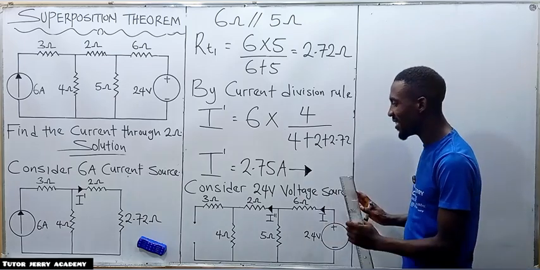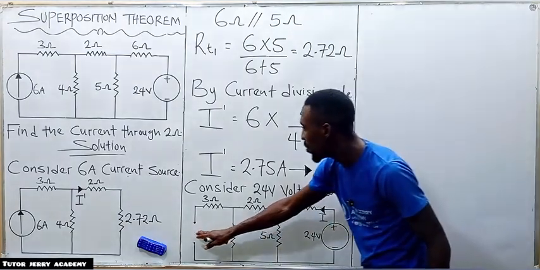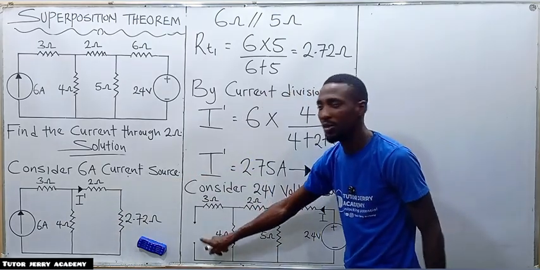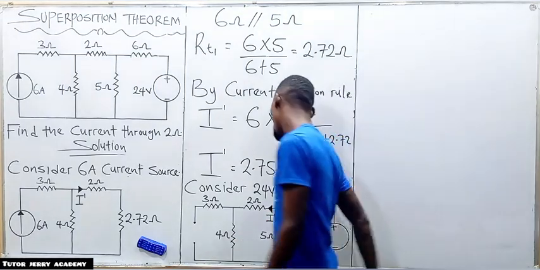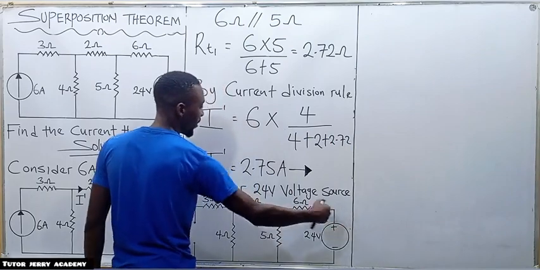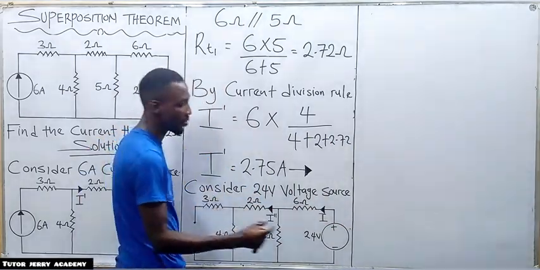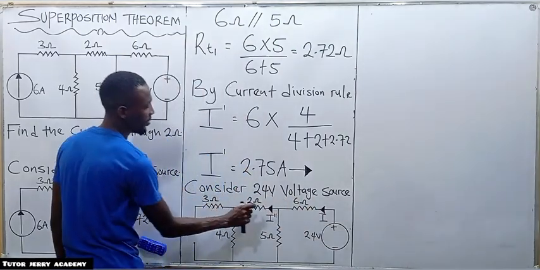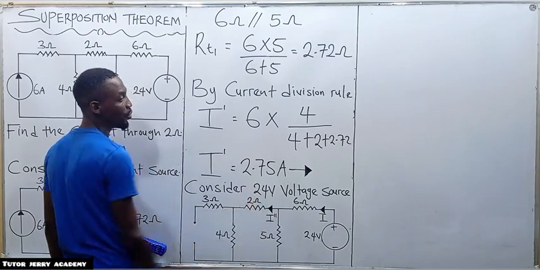You can see the diagram now, and when we switch off our current source, we introduce an open circuit. When we are considering the voltage source, our current will be coming from the voltage source, and the second one is the current entering the 2 ohms.